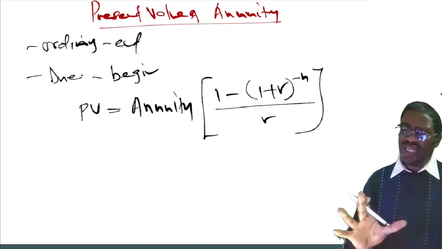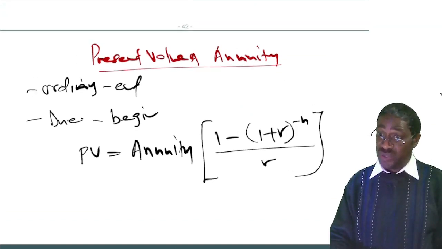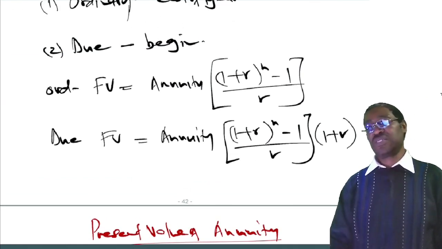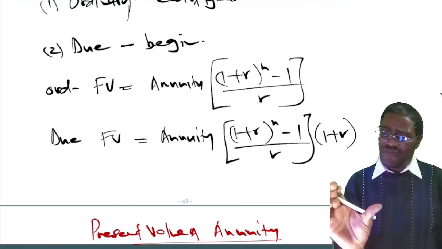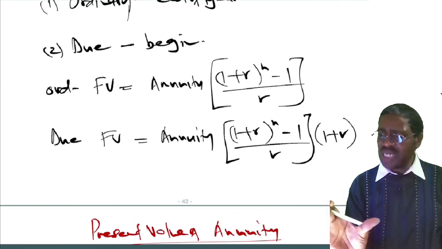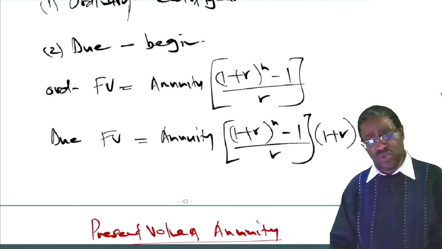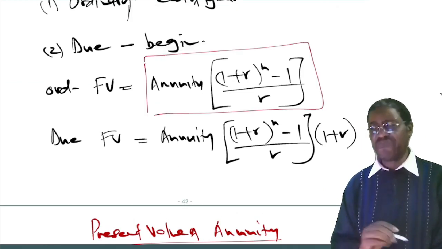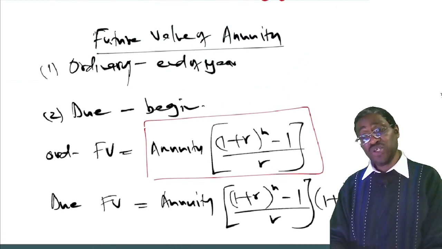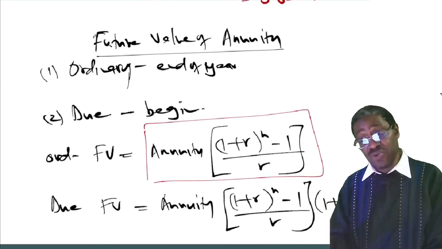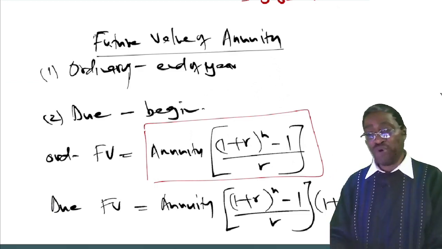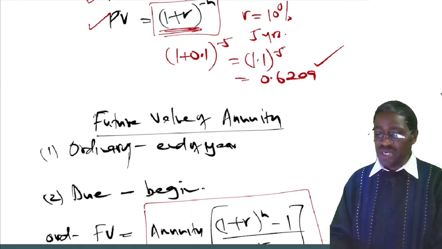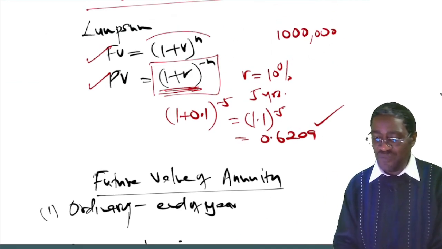Where the question is an annuity one, and the annuity is given for maybe 3 years or 4 years, then I told you, if you cannot remember this big formula, you can use the future value formula for a lump sum. The future value of a lump sum is this.